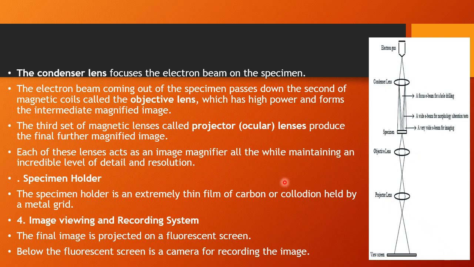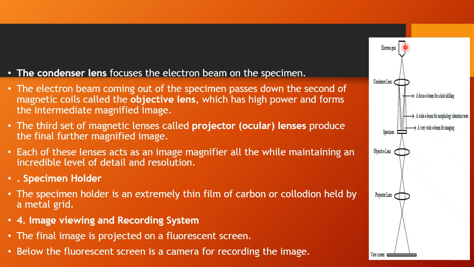Coming in detail to the lenses, the condenser lenses focus the beam on the specimen. Now there are three sets of lenses, which are nothing but electromagnets. The first set is the condenser lens.